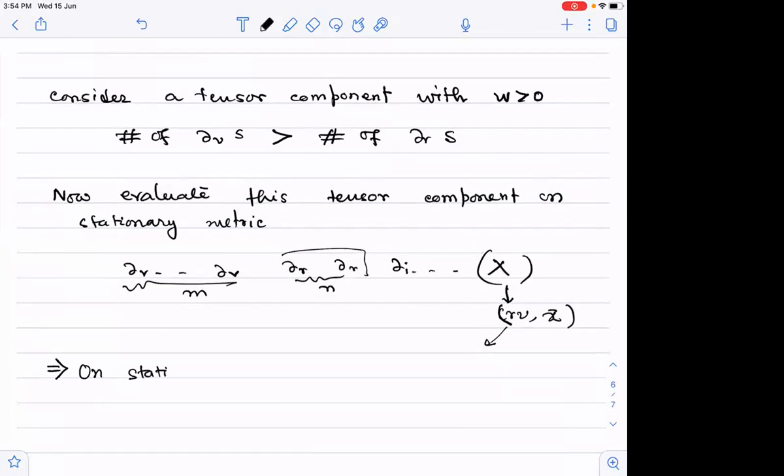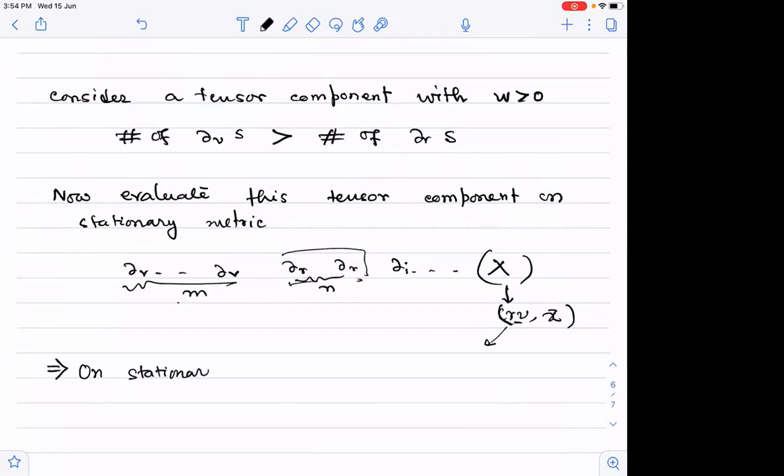Just to repeat, every time I act with del V, one factor of R comes out, since the arguments are R times V. Those factors of R could be killed by del R, but if the number of del R's is less than the number of del V's, some factors of R will remain. And if I set R equal to 0 at the horizon, it will vanish.